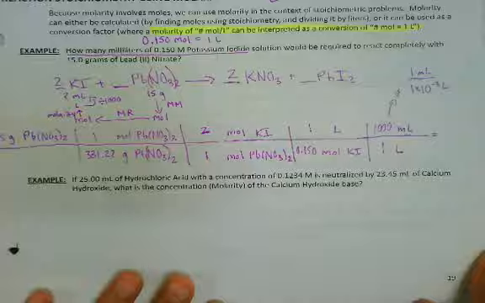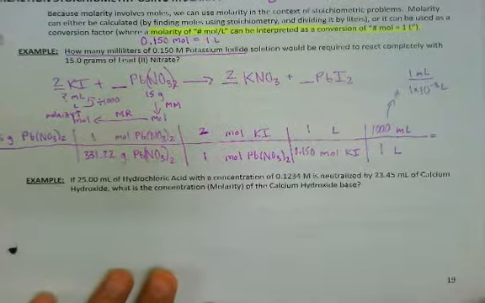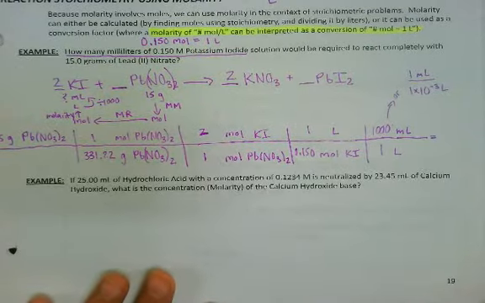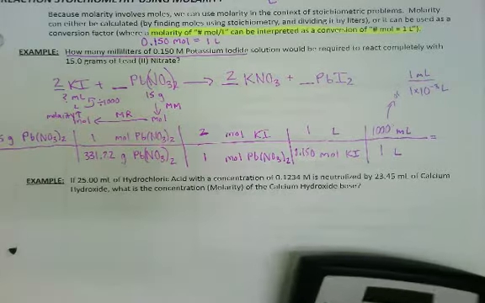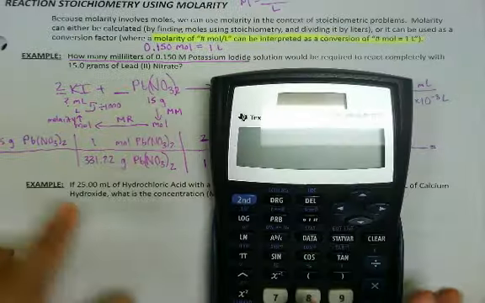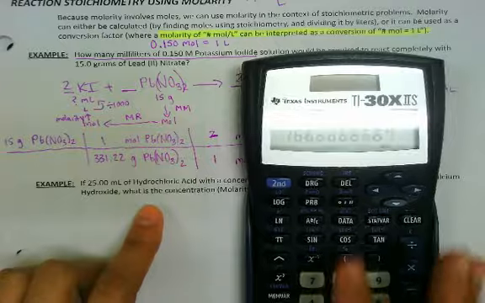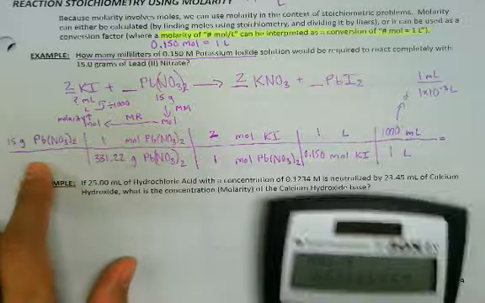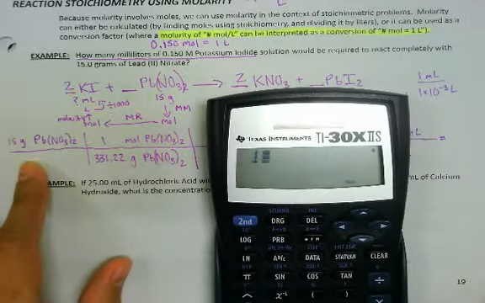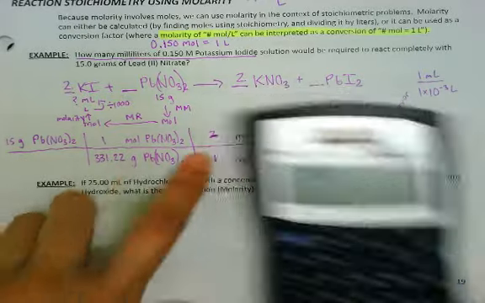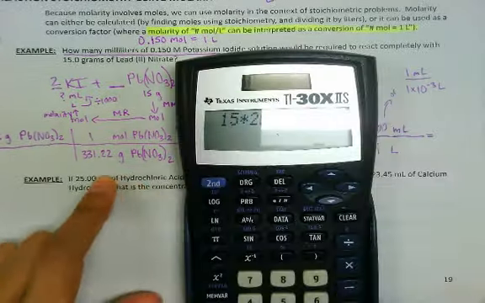So, for our answer, can anybody tell me what they calculated here? So let's go ahead and do it. I'm getting a couple different answers. So what I would do here, I would go ahead and just do 15 times 2 times 1,000 up here.